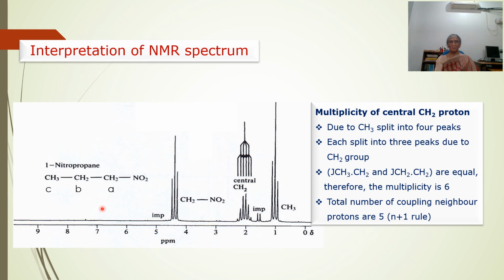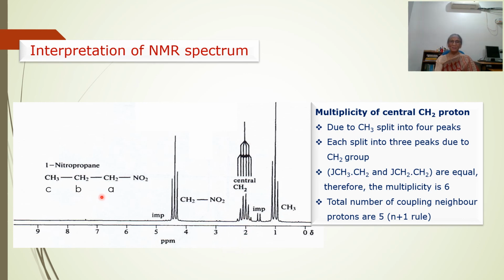This is the NMR spectrum of 1-nitropropane. There are 3 signals. One signal is because of the methyl protons, which is present at delta 1 value. The second signal is because of the central methylene protons, which is present at delta 2 value.